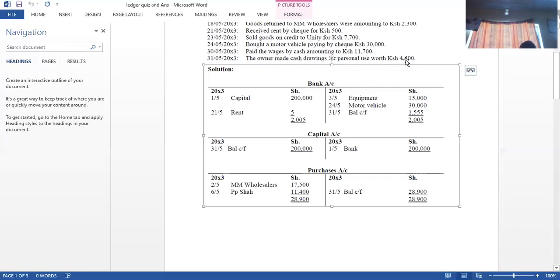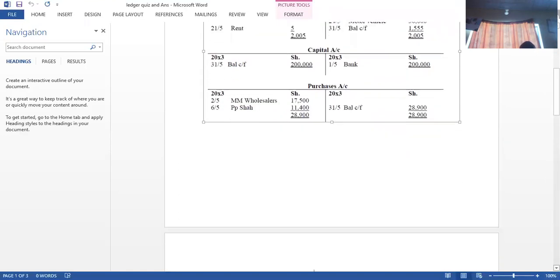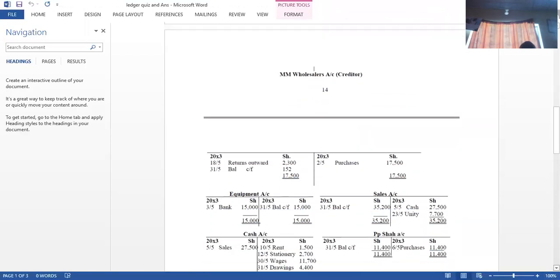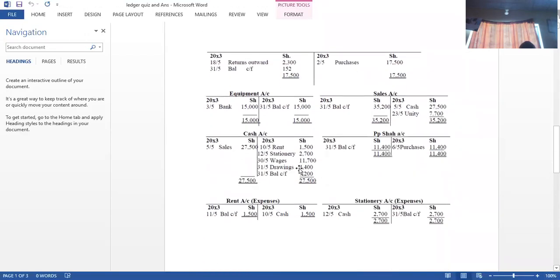So long as it is for personal use, then you need to open an account for drawings, which is actually debited, and then we credit 4,400 because cash is reducing. All the cash that was in the business is reducing. That particular transaction will be presented like this. You will find drawings because it is reducing cash.